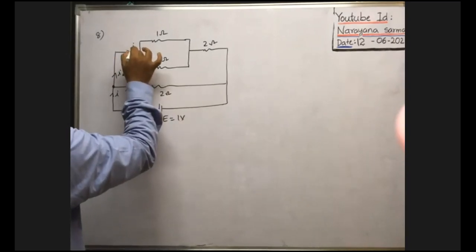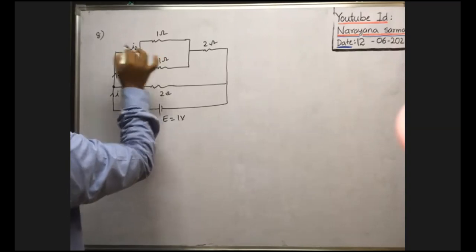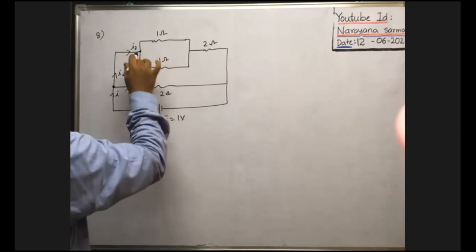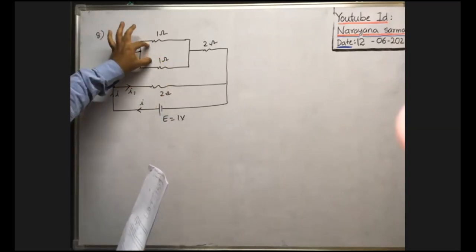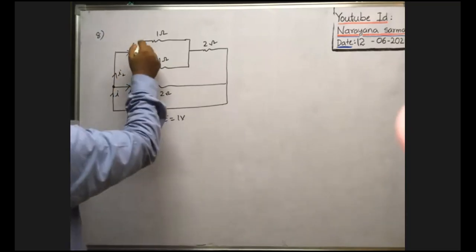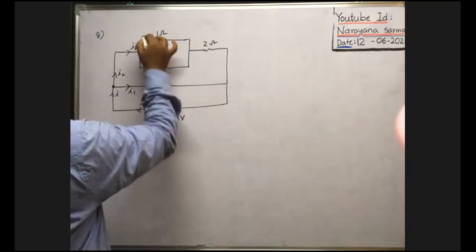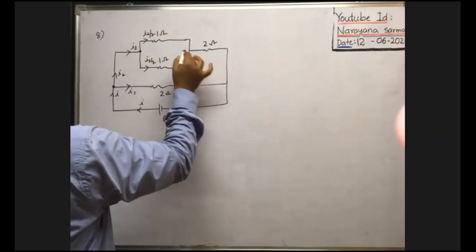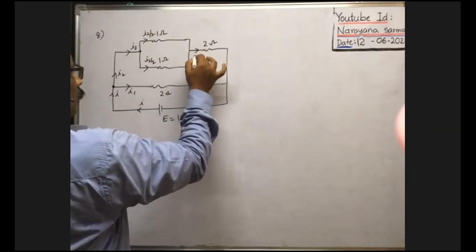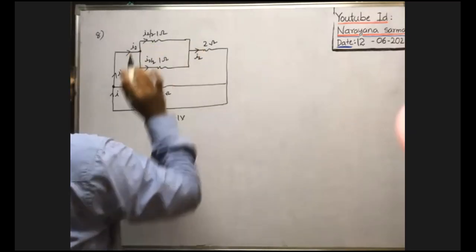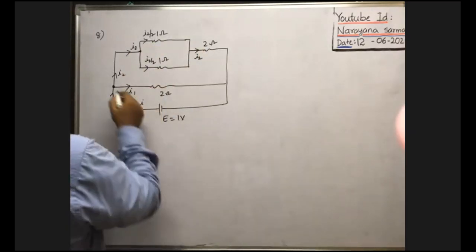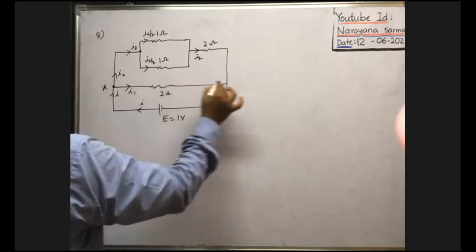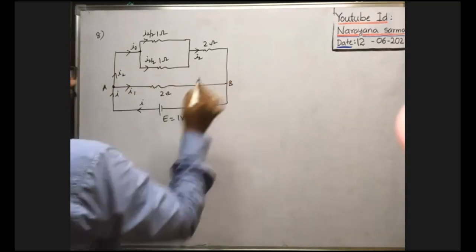This I2, when it reaches the junction here, is again divided into two parts. As these are two equal resistances, definitely this current will be divided into two equal parts, I2 by 2. So this is also I2 by 2, and this I2 by 2, combined together, is converted into I2. So now you see here these are the junctions A and B.